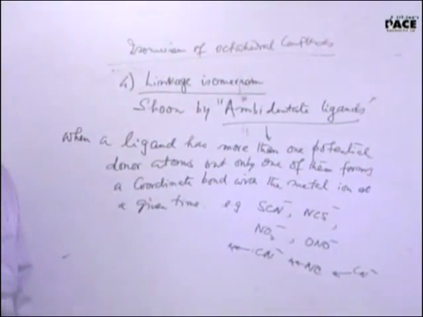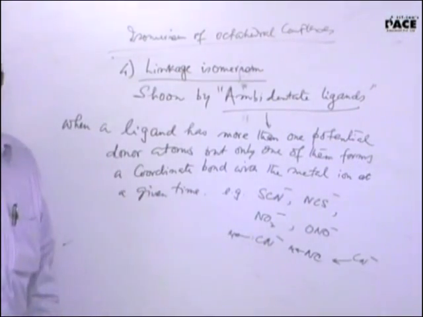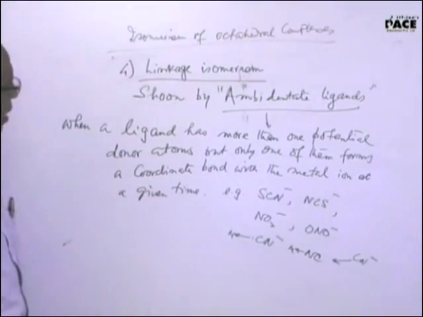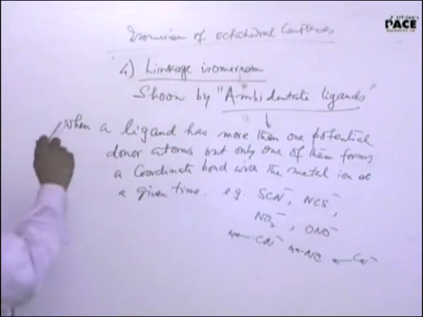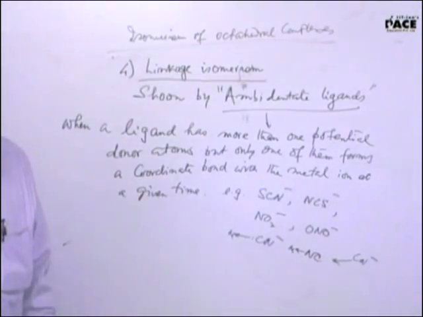The fourth category of isomers is linkage isomerism. This is shown only by ambidentate ligands.